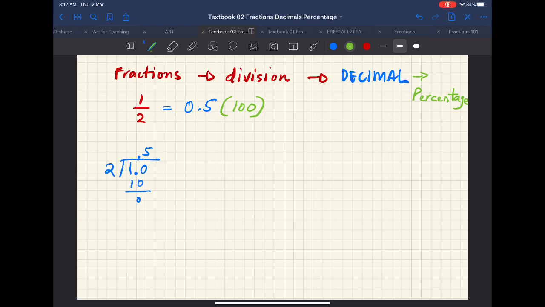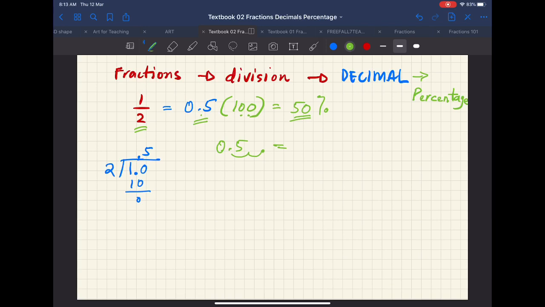Okay, and from the numbers unit, you know, if we multiply it by powers of 10, all you need to do is to count the number of zeros, and that's how many decimal places you will move the decimal point. So 0.5, 2 zeros, 1, 2. So the decimal point is now here. So 0.5 times 100 gives you 50. So 1/2 is equal to 0.5 is equal to 50%.